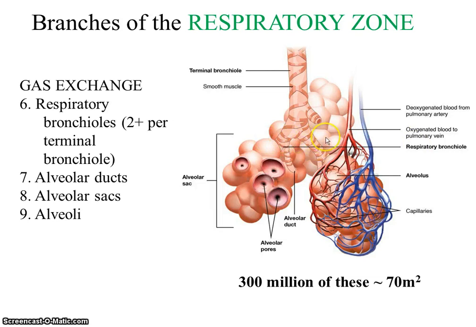They don't show them very well here, but that is true. Then from the respiratory bronchioles, there are about 2 or 3 more branches and they'd be called alveolar ducts. So here's our respiratory bronchiole, and it's branching into an alveolar duct. And the alveolar duct would be completely surrounded by these alveoli, which would collectively be an alveolar sac.